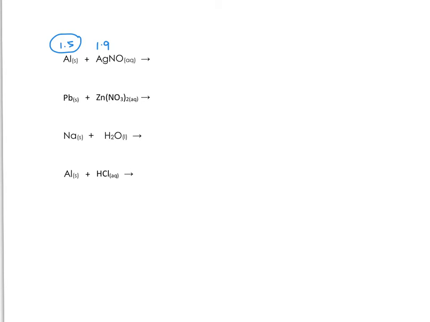That element wants to be in the compound with nitrate. Therefore, there will be a reaction because it's not. So aluminum will displace silver. We will form aluminum nitrate, and we will displace silver.